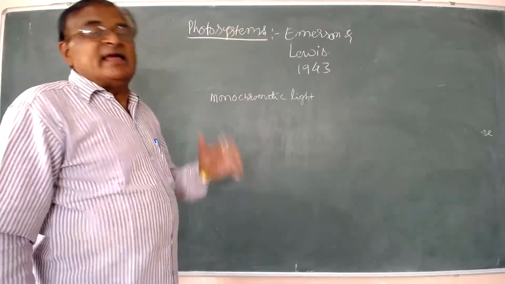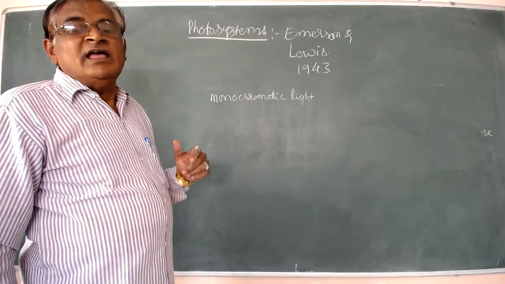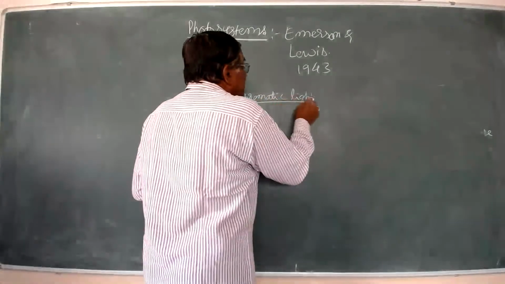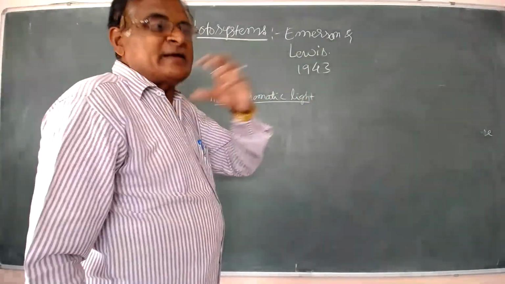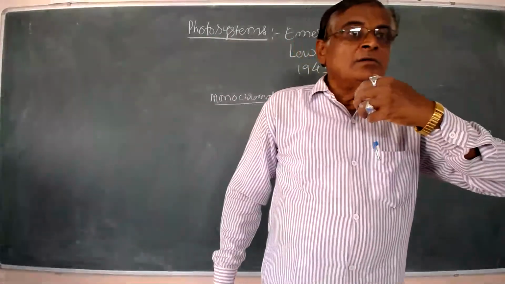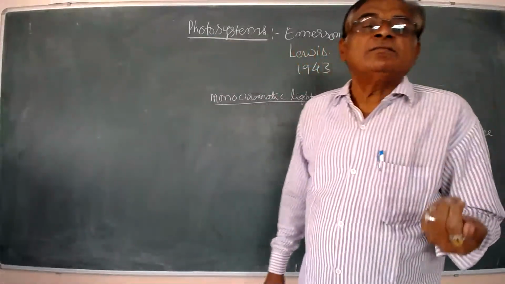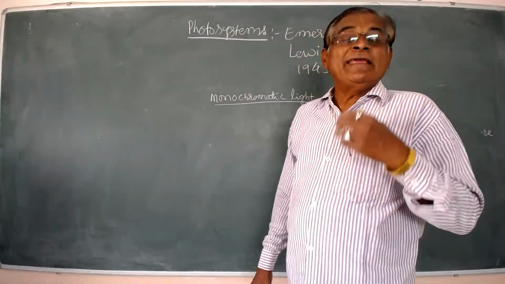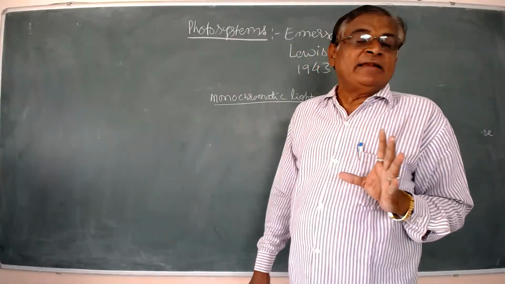And also what he noted, especially the Emerson effect, is that at a particular spectrum, the removal of oxygen, that is the bubbling, will take place. So he calculated indirectly.